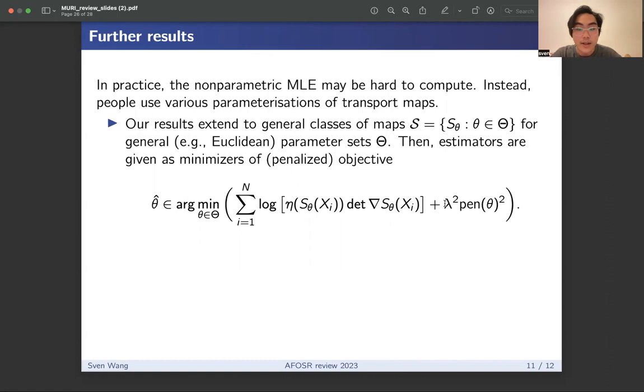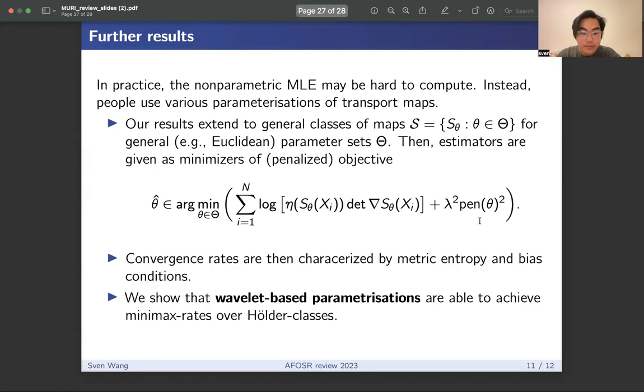So that sometimes requires the addition of a penalty term to your objective. So in the end, they would end up with something like this. Sorry, there's a minus missing here, where you're trying to minimize a likelihood term and a penalty term, the sum of the two.